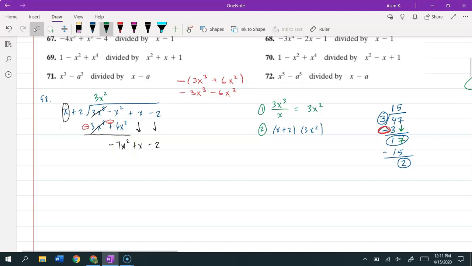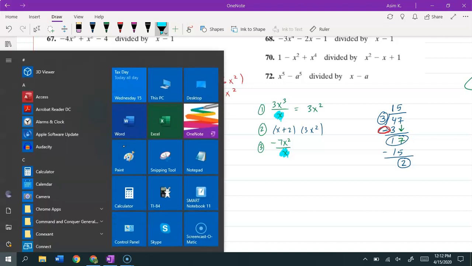So our next step here is to ask ourselves, what's negative 7x squared divided by x? Recall that that's the same x that you asked yourself about earlier, and it's the same x that you're asking about this time. The only difference is before you were talking about the 3x cubed, which was the beginning of the dividend before, and now it's negative 7x squared, which is the beginning of the dividend now.